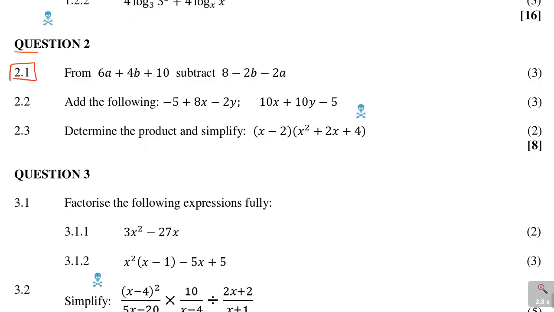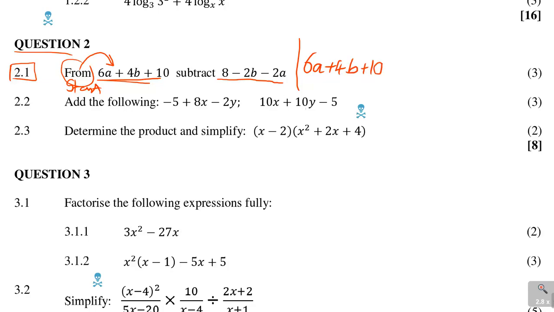Question 2. It says from this, subtract this. When they say from, the moment they say from, you identify what is the starting point. So from means start from here. So you are starting from 6a plus 4b plus 10.